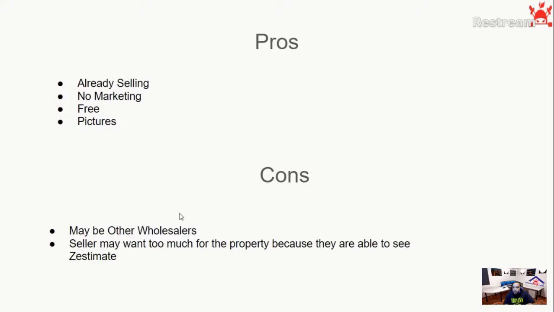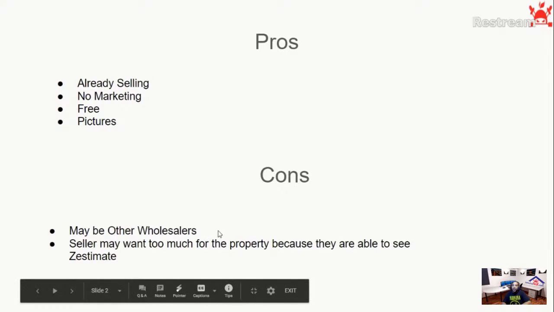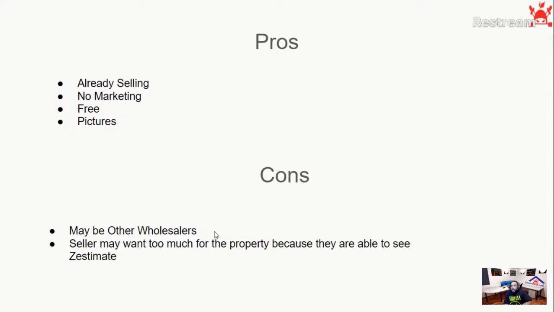In a nutshell, when you post a property on Zillow, Zillow shows you what they think it's worth, and if you post it for anything less, a warning comes up saying, "Hey, are you sure you want to post this for this amount? It's way less than this estimate that we have on record." So they make sure that people know what they think the house is worth.